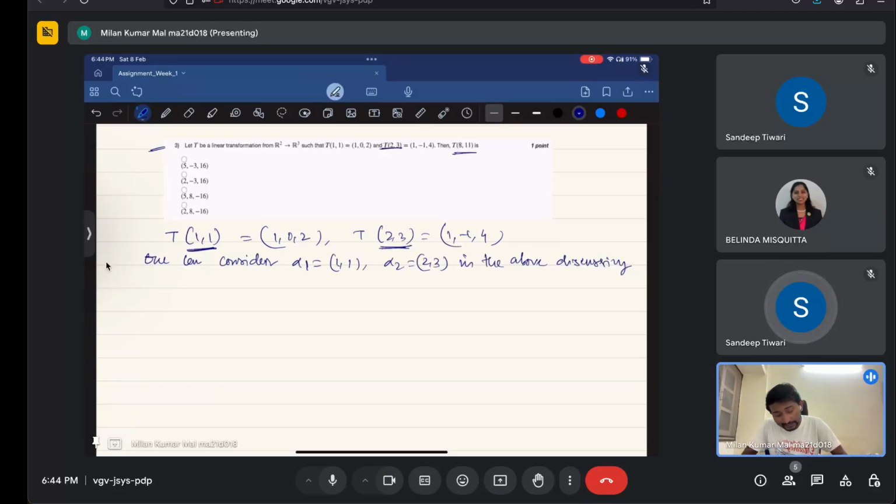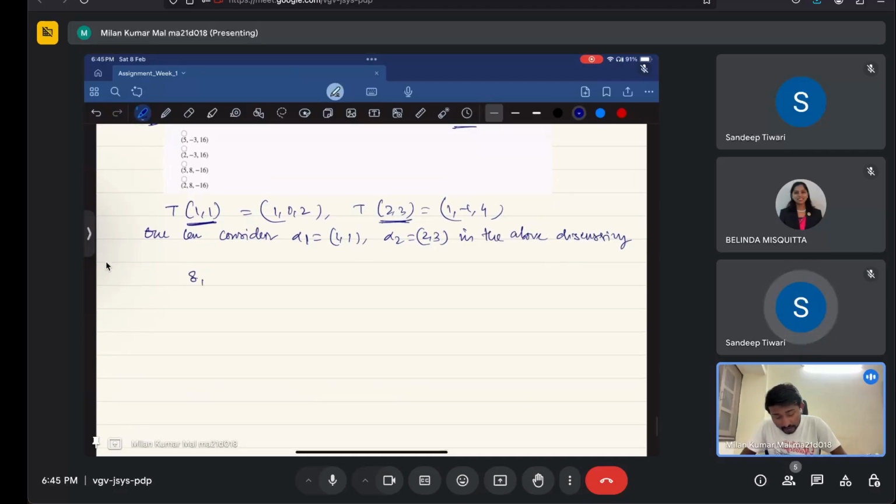Let's consider how one can write (8,11) in terms of (1,1) and (2,3). The easy way is to look at (1,1) and (2,3): there is only one extra in the right-hand side in alpha 2, and in (8,11) we have a difference of three, so that difference can be obtained from alpha 2 multiplied by 3.